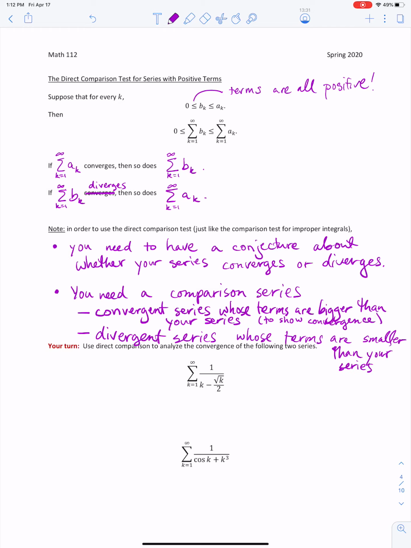And all of the series must have only positive terms. So this is to show divergence.